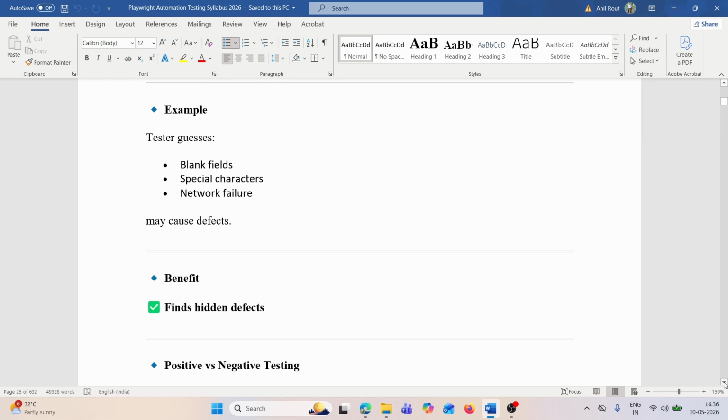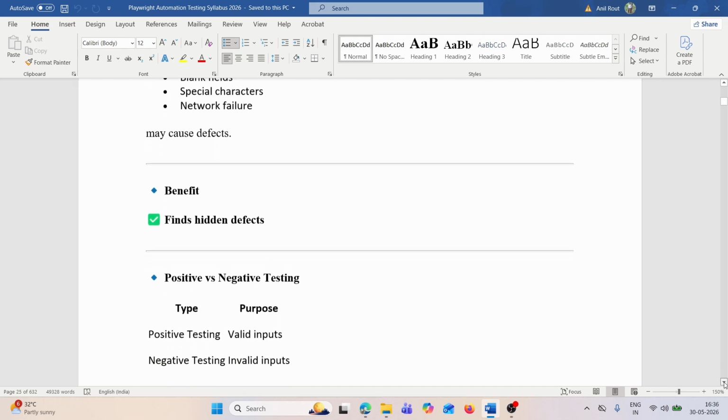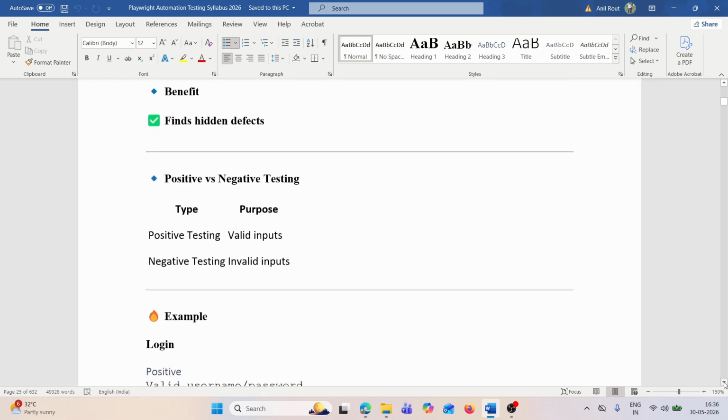These may cause defects. And the benefit is it finds hidden defects.